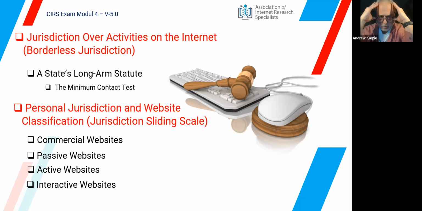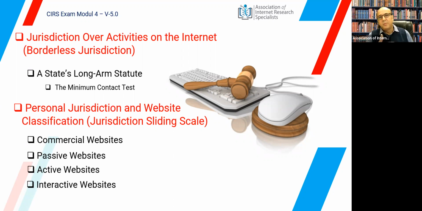So there is a minimum contact. Is there a business office of some sort that is actually being operated mainly from somewhere else but has a branch office there, or owns any property in that state, or rents something in that state?